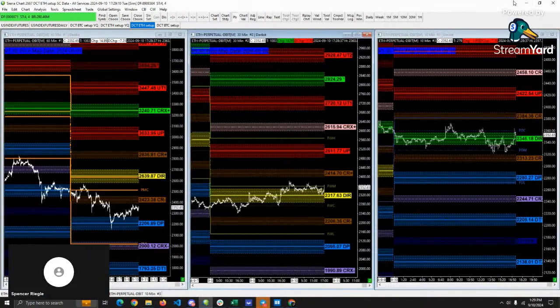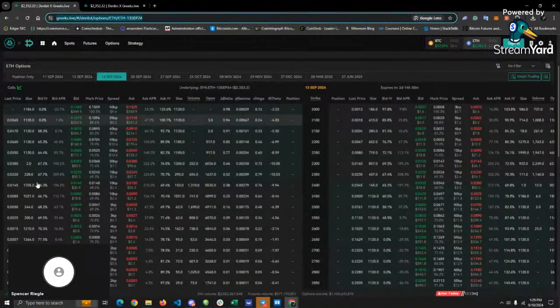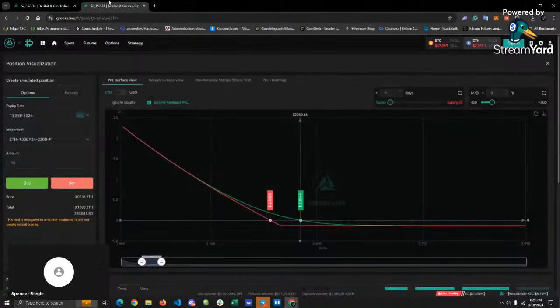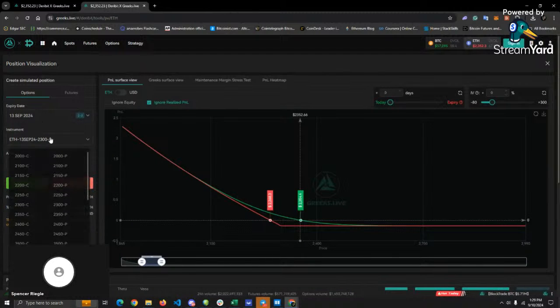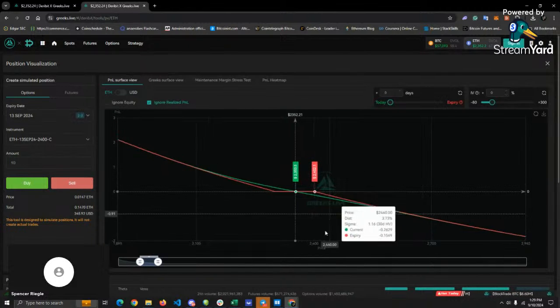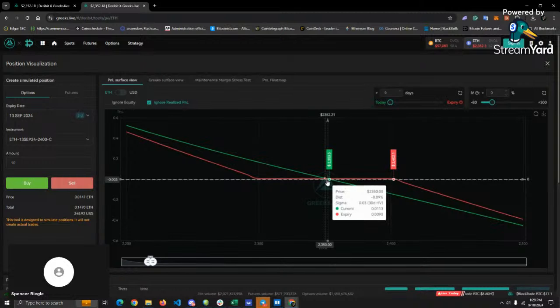So come back over here to the SEP 13 expiration, and let's see what we have. Yeah, SEP 13 expiration. We come out here and we sell some of those 2400s. You'll notice that this is basically done at flat money, and flat money in the option space means there's a slight credit here to zero cost, right?